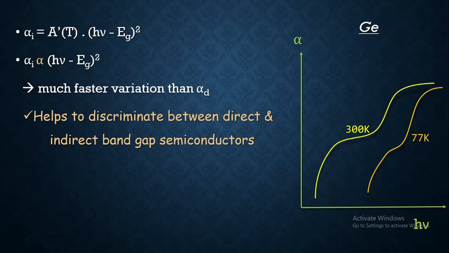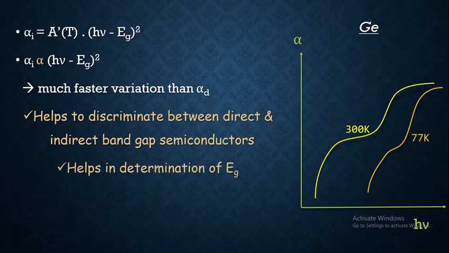So this process helps us to distinguish between direct band gap semiconductor as well as indirect band gap semiconductor. So this is another use or significance of first type of optoelectronic process, which is fundamental absorption.